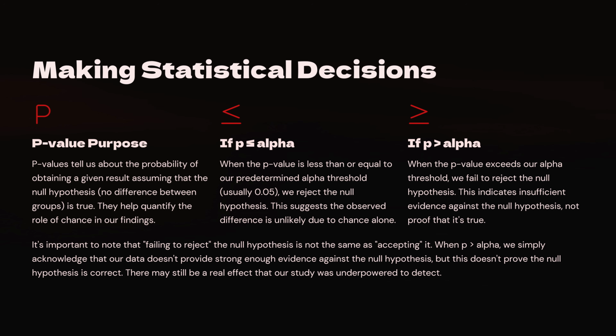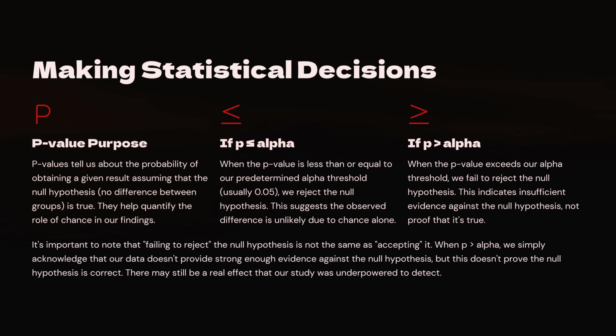So when the p-value is less than alpha, less than 0.05 generally, this means that the observed difference is unlikely due to chance alone. Okay, but when it's above the alpha, generally 0.05, it indicates that there's insufficient evidence against the null hypothesis. So there's not proof that it's true.